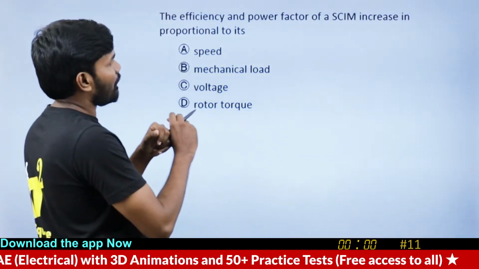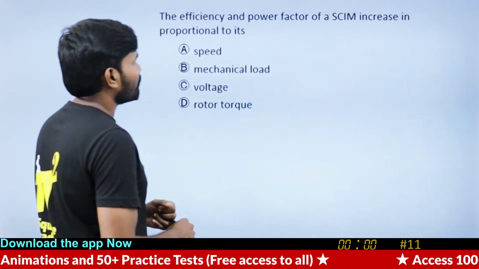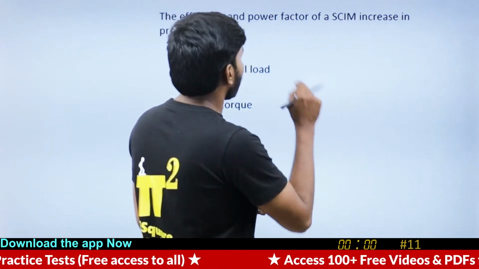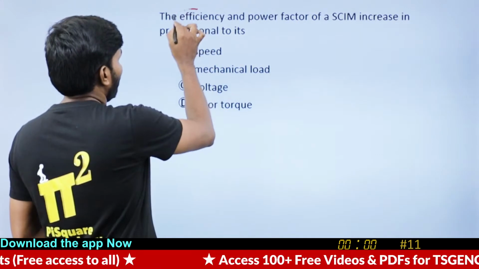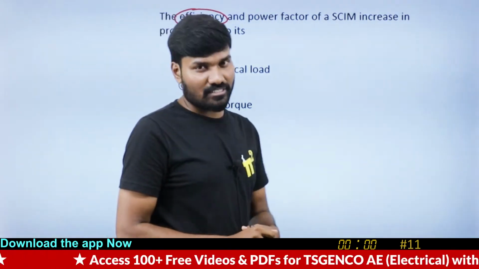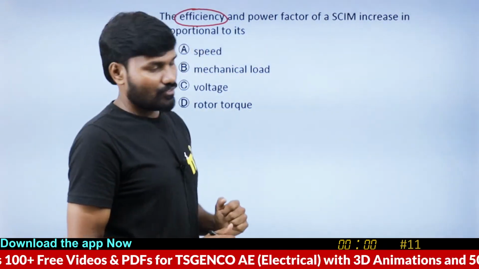The efficiency and power factor of squirrel cage induction motor increases proportional to its. Let's talk about one aspect. Let's talk about efficiency first. Just the curve of the efficiency.